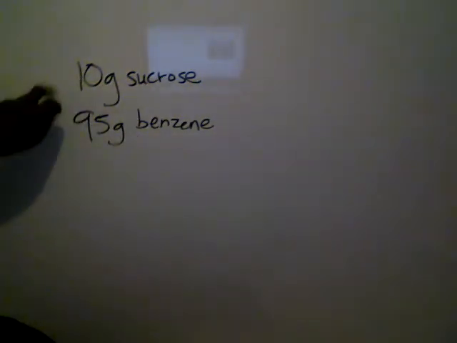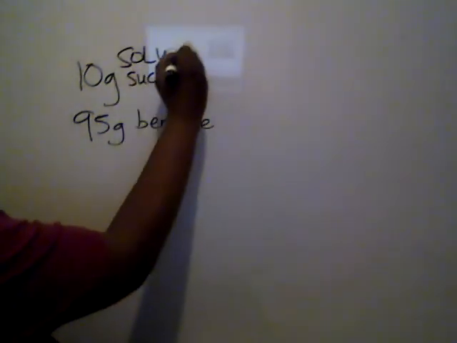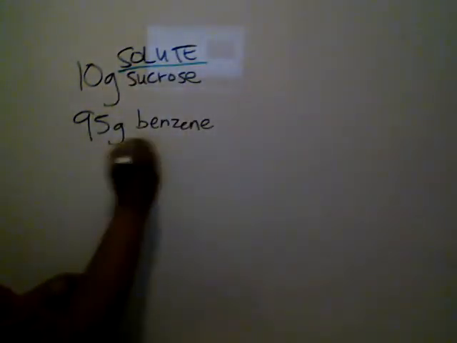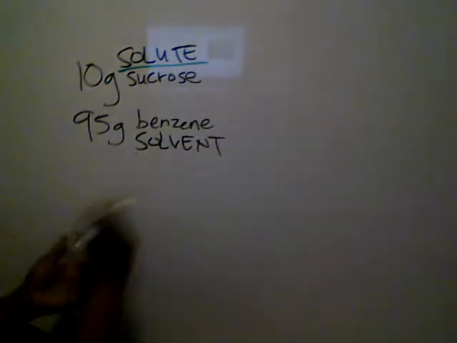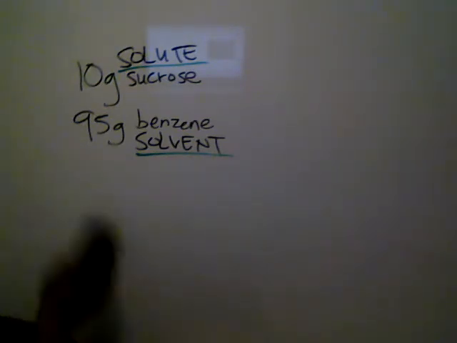The one that you have less of is the solute, so this is the solute. The one that you have more of is the solvent, so the benzene is the solvent. That's an easier way to figure out the solute and the solvent. But in any mixture, we always have a solute and a solvent.